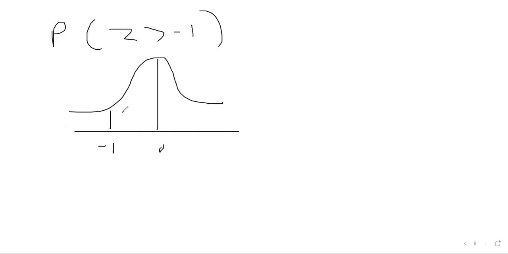We put our divider there. Greater, we're going to look at this side. And this side is what? Big. So whenever it's big, we just read directly. The reading for 1 was what? 0.8413. And this makes sense, because this cannot be 15%. It's 84%. It's a bigger one. So this is qualified.